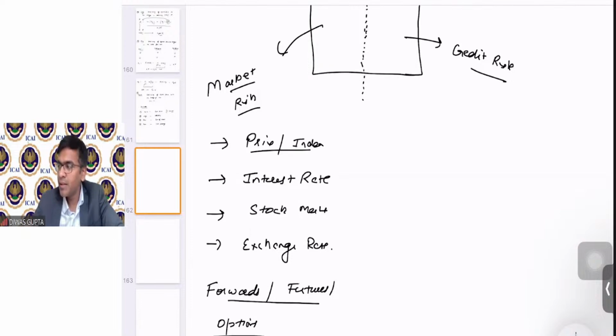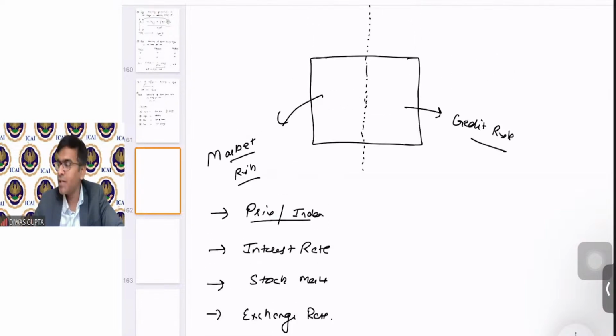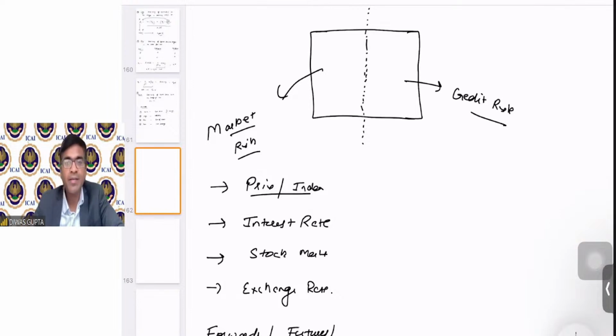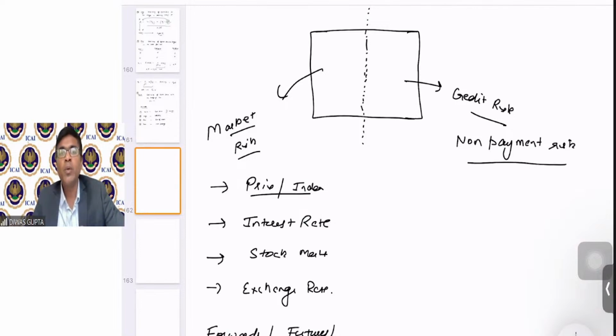There is a credit risk also. Now, credit risk means the non-payment risk. Let's say today I have given some money to Mr. X, for 5 years at an interest rate of 10% per annum.